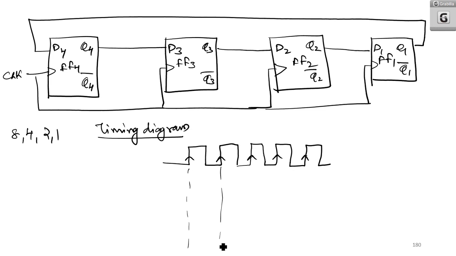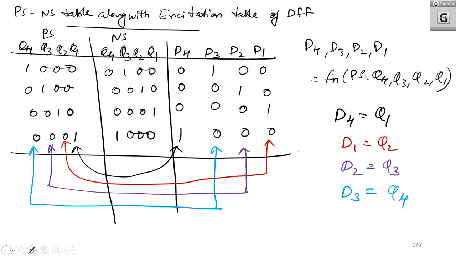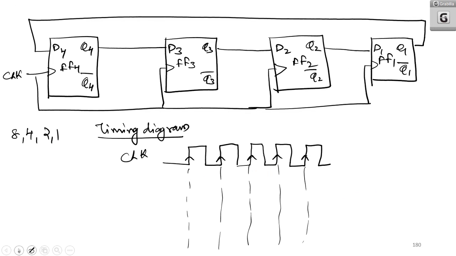So, I am drawing the timing diagram. This is the clock pulse. So, what will be Q1? Q1 is 0, 0, 0, 1.